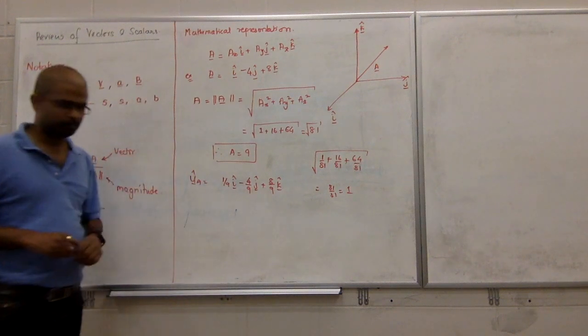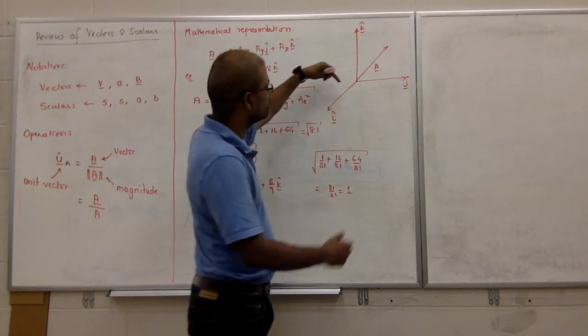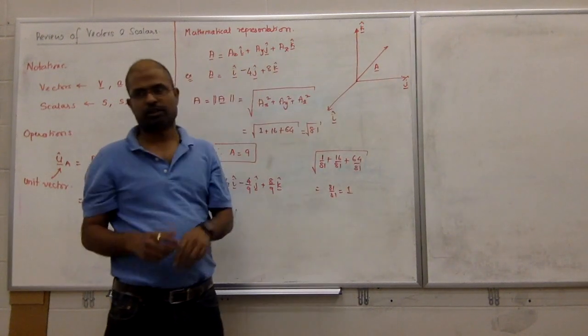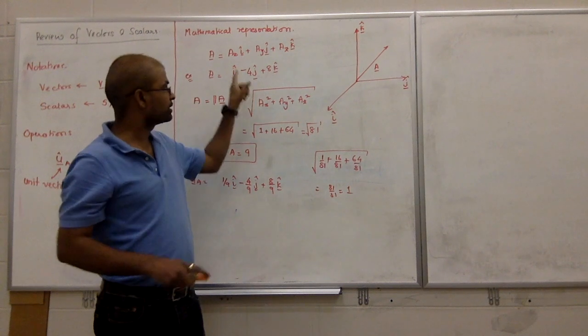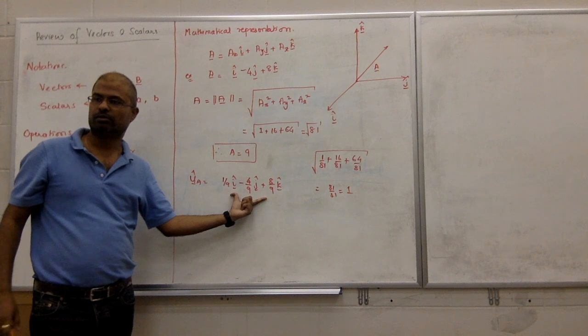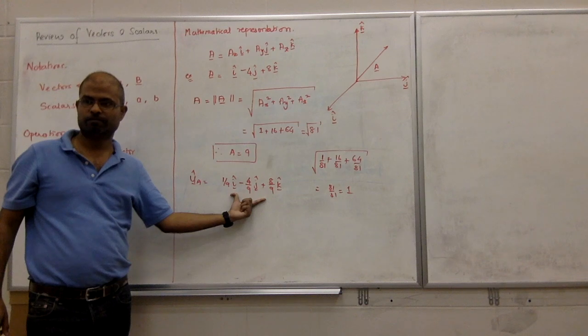So what is the magnitude? Magnitude is the length of that vector. That is the magnitude. And this gives you the direction of that vector. Does that make sense? Any questions with regards to that?